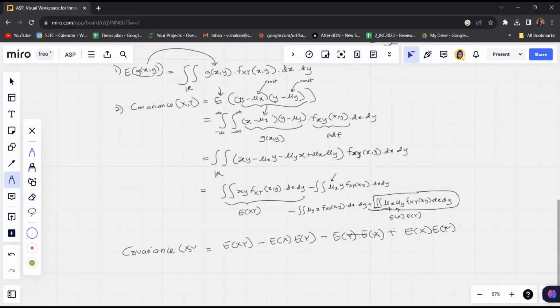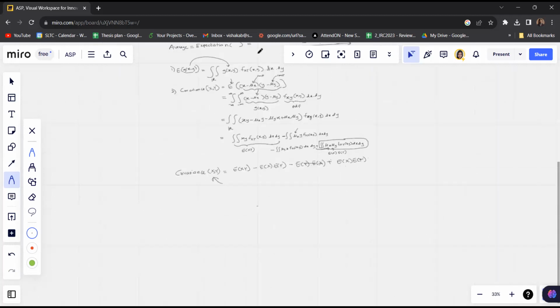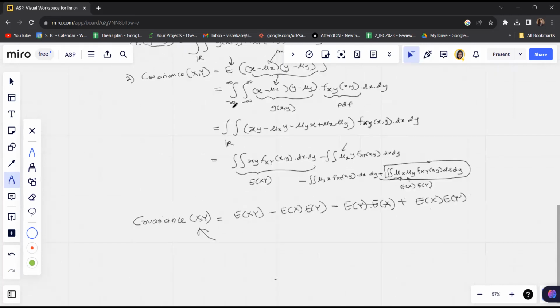So the covariance of x and y can be denoted using this. So the covariance is basically a definition which is used to measure the variance between two random variables x and y.